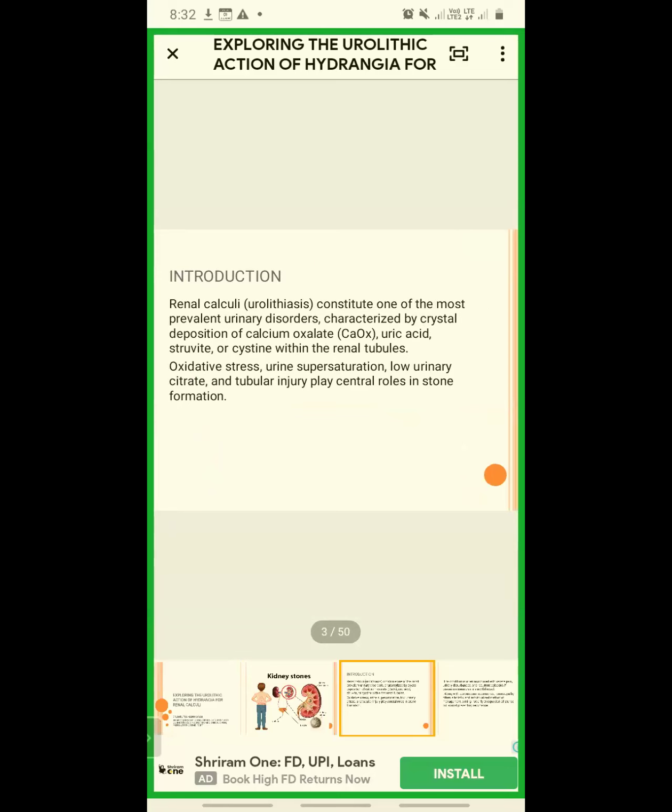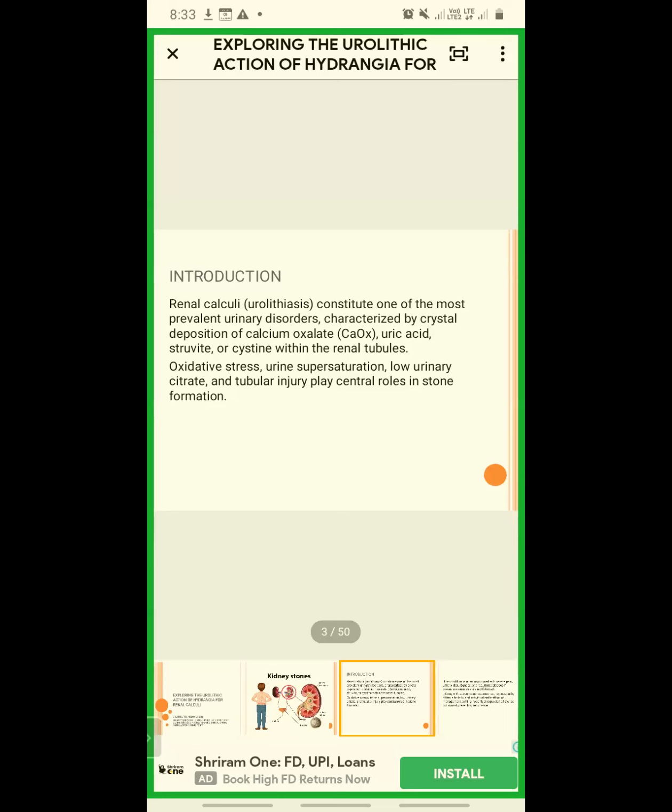Renal calculi or urolithiasis constitute one of the most prevailing urinary disorders, and it is characterized by crystal deposition, mainly calcium oxalate, uric acid and cystine crystals seen within the renal tubules. It is the most commonly affecting urinary tract disorder.